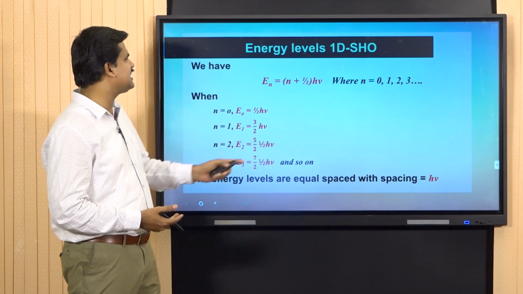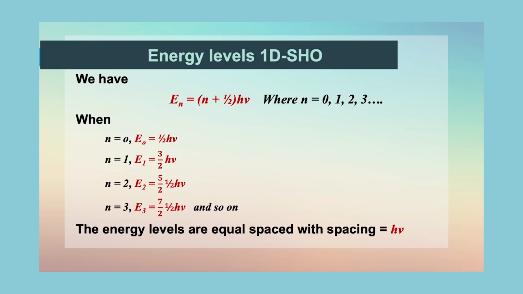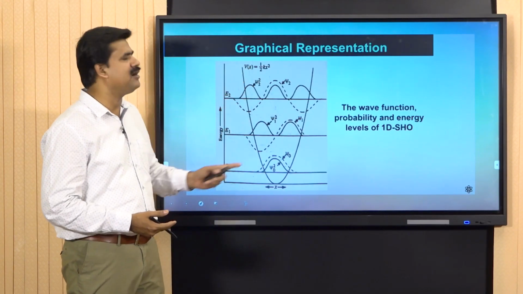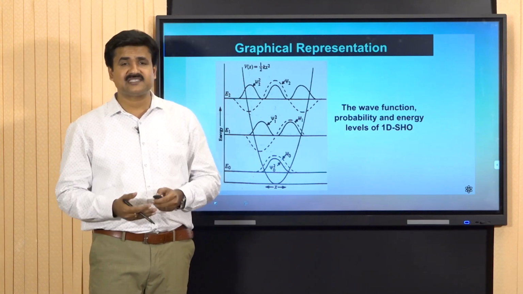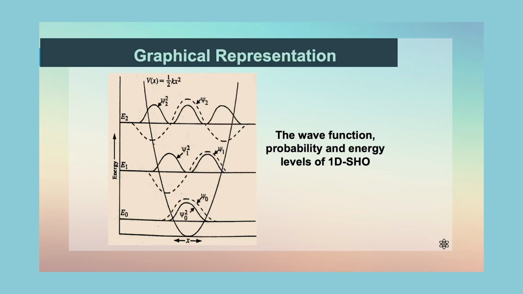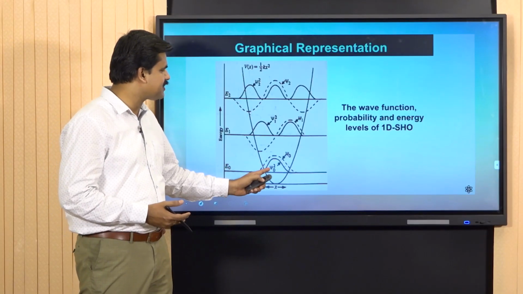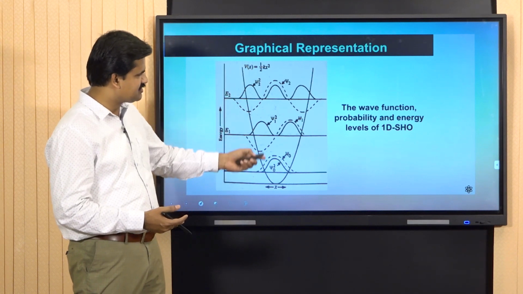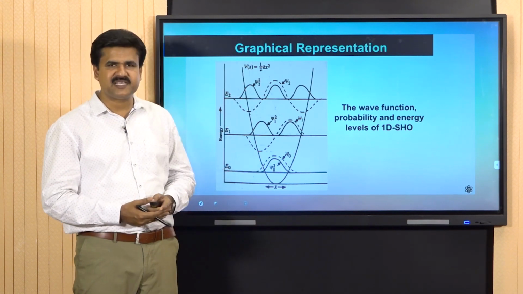Now, these are various energy values. We can put n equal to 0 to get half hν, n equal to 1 gives 3/2 hν, and so on. From this, it is clear that the energy levels are equispaced, with the spacing equal to hν. This is the graphical representation of energy as well as wave function and probability associated with the 1D simple harmonic oscillator: the representation of ψ0 and ψ0², and the energy levels, which, as I mentioned, are equispaced.